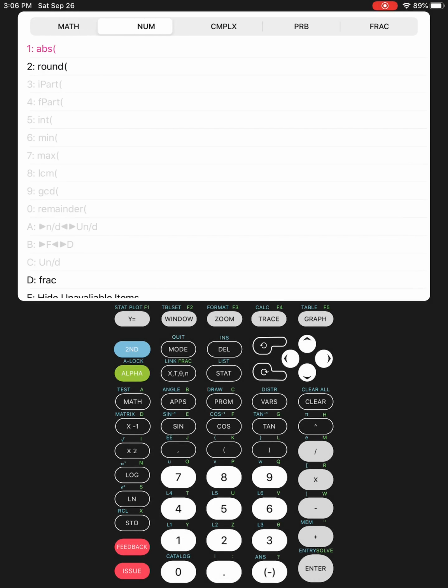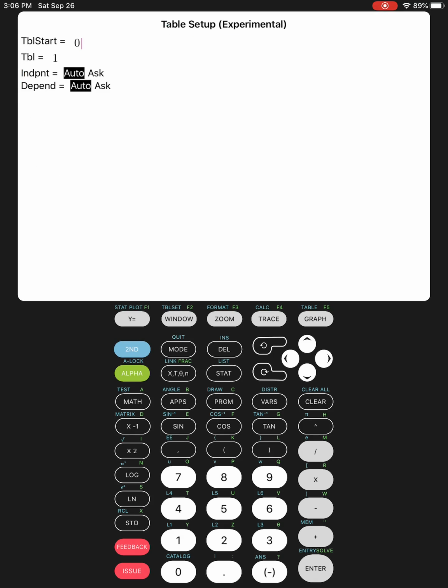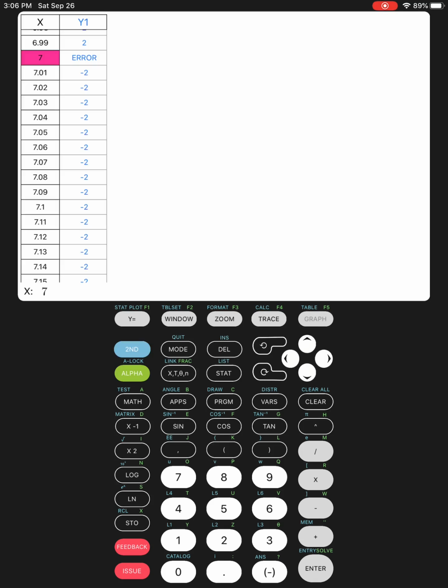Here for absolute value, we need to go to math, then numbers, then abs, and it was 14 minus 2x, divided by 7 minus x. And let's look at our table set. We know that we're looking at the limit as x goes to 7, so that's where we would like our table to start, and we want this to be pretty small.